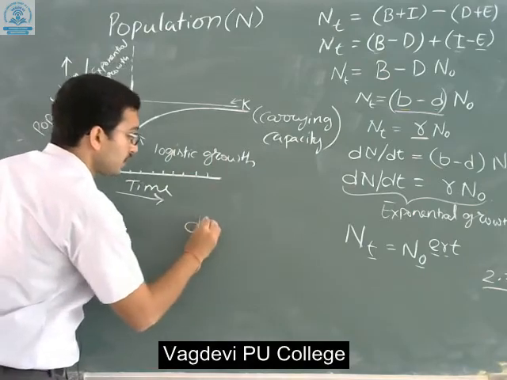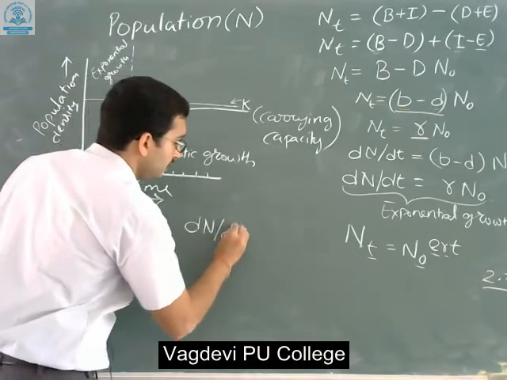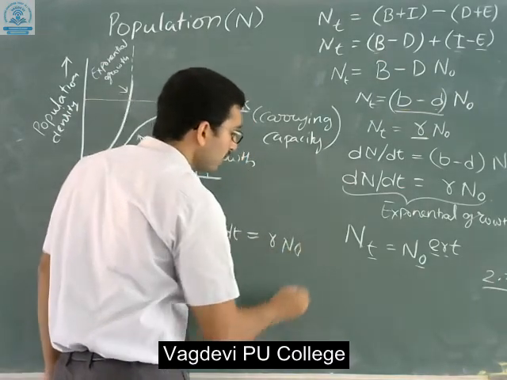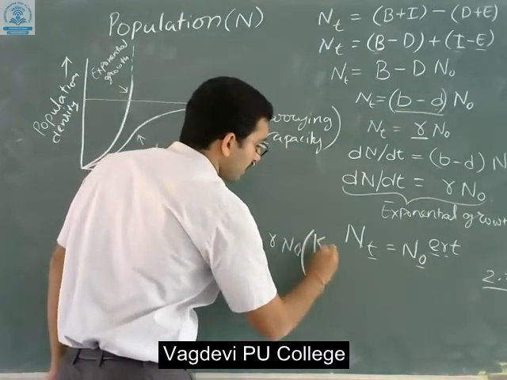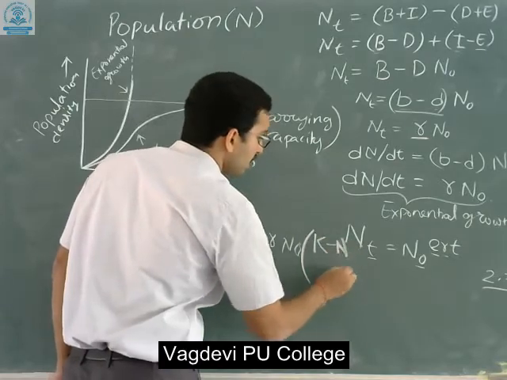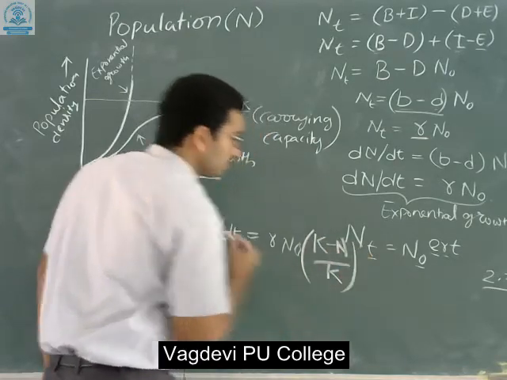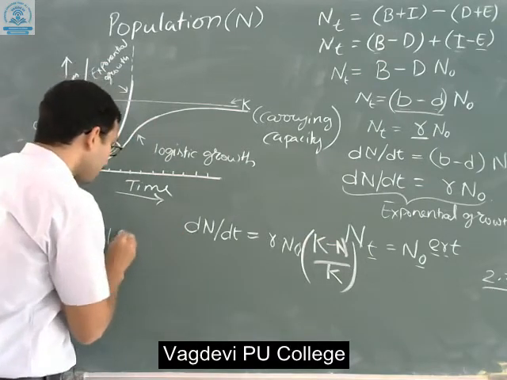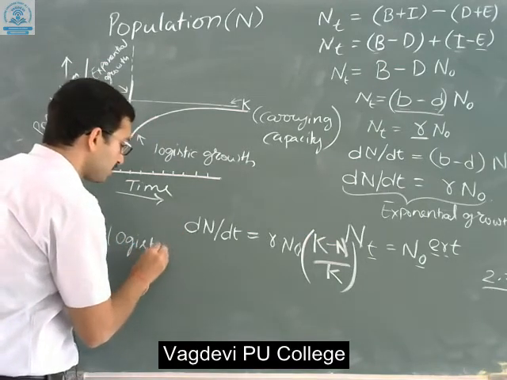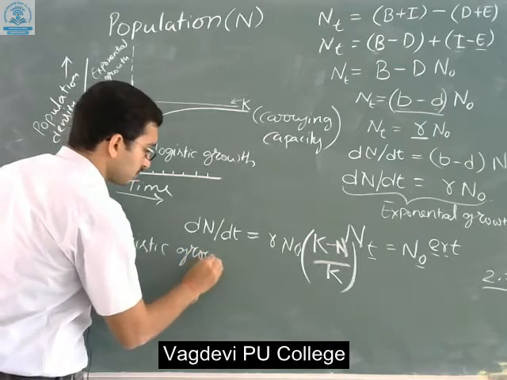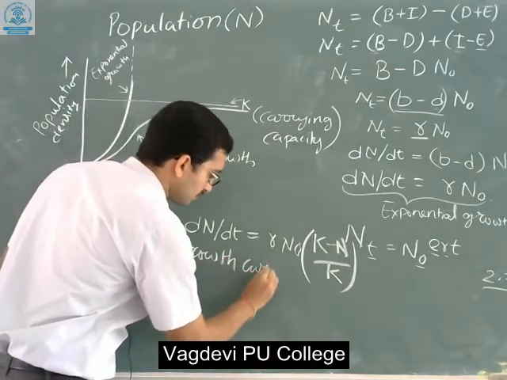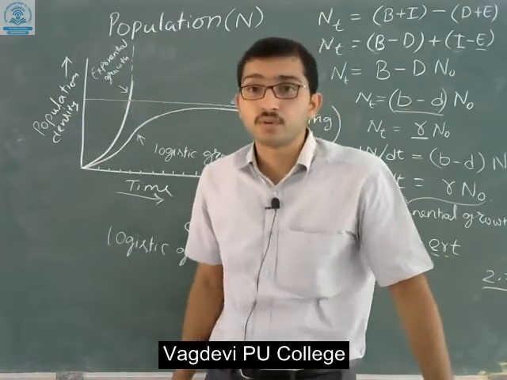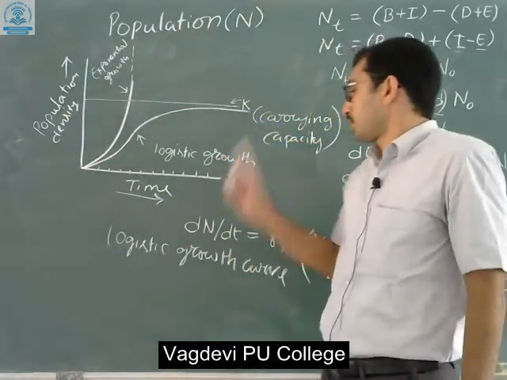So we substitute dN/dt equal to rN0 times (K minus N) divided by K. This equation is particularly applicable for the logistic growth curve.